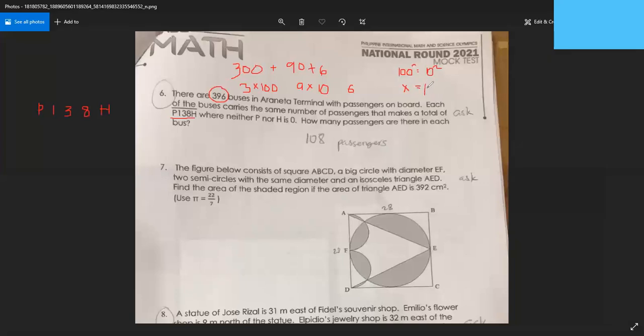In that case, 3 times 100 will become 3x squared, because x is 10, while 9 times 10 is actually 9x. And 6 is just simply 6.